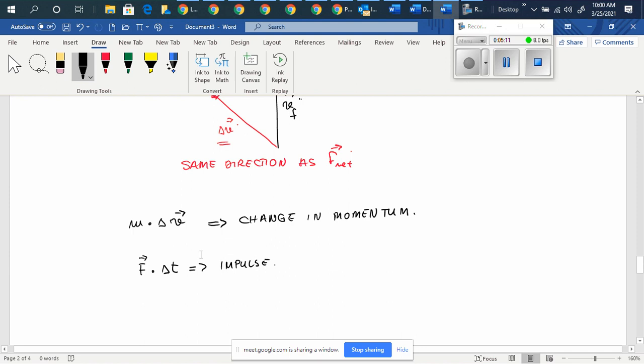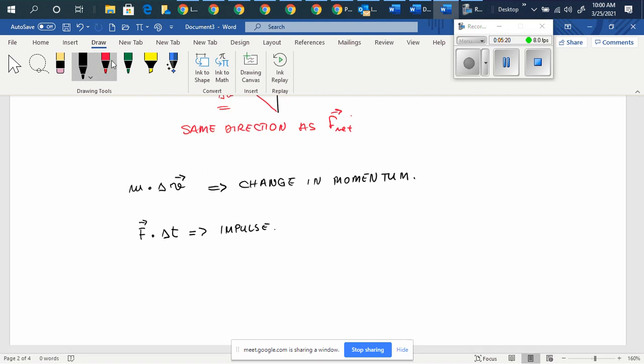Now, in general, the change of momentum and the impulse have the same units. In terms of units we are dealing with kilograms times meters per second, because even the change of the velocity has units of meters per second.